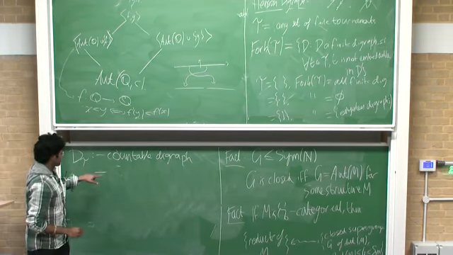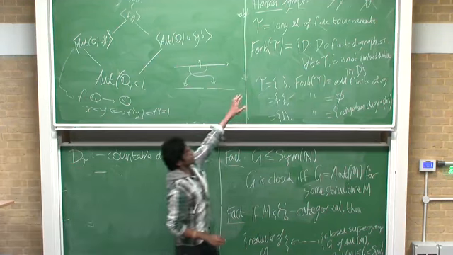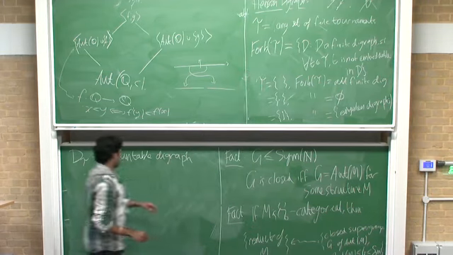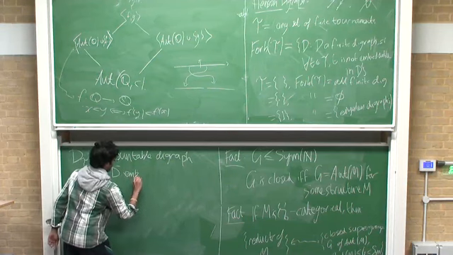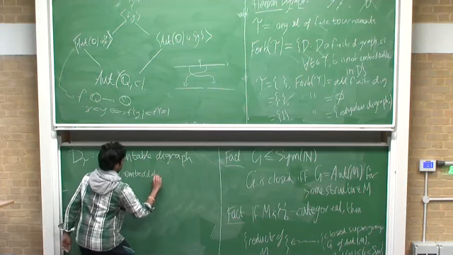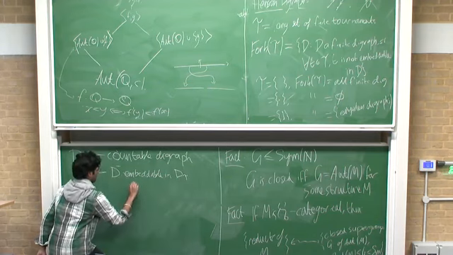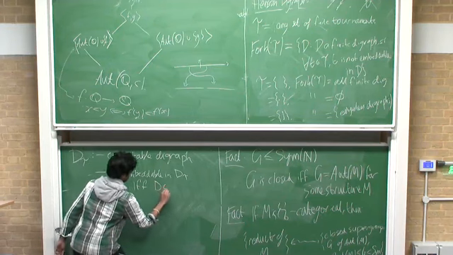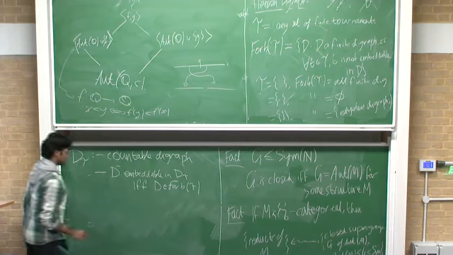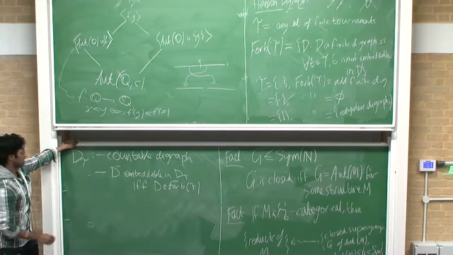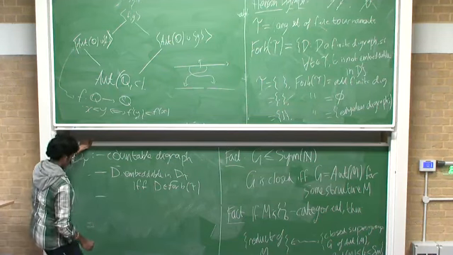Second, a finite digraph is embeddable in D_T if and only if it came from Forb(T). And the last condition is of being homogeneous.